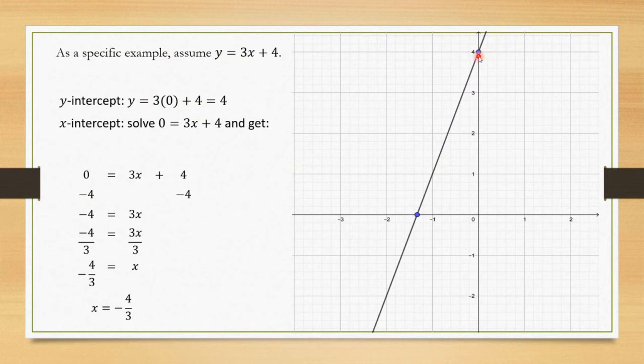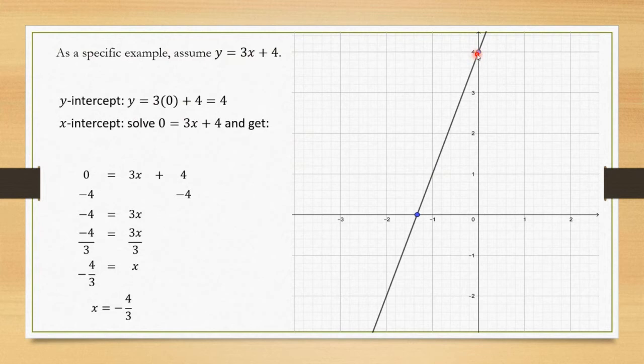But how would you get that algebraically? You set x to be 0. X is 0, and what does y have to be? Well, y is going to be 3 times 0 plus 4, which is 4. Remember, you set the other variable to be 0. So this point has coordinates 0, 4.